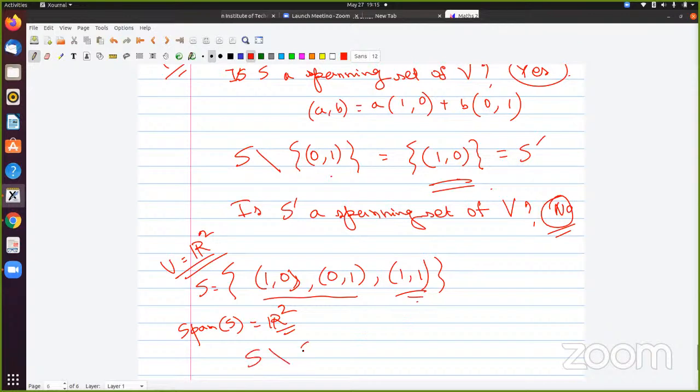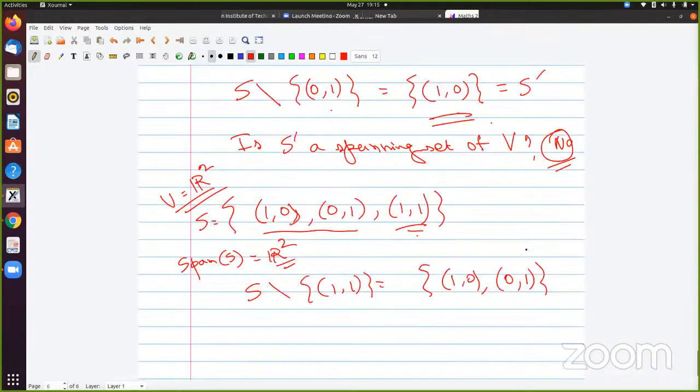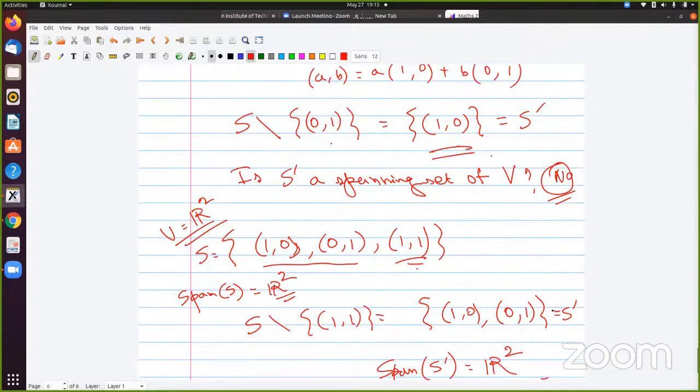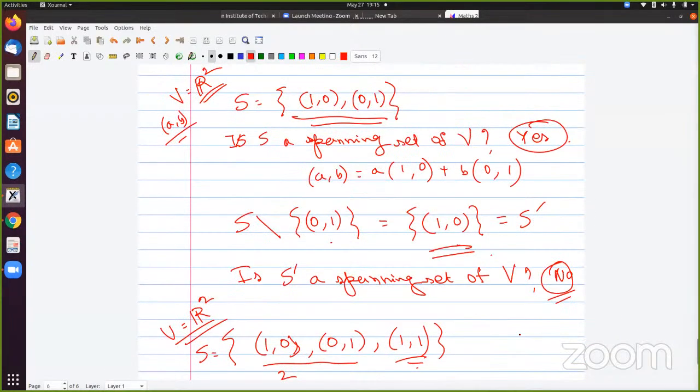Now, if I eliminate 1, 1, the set I am getting is this, right? This is my new set. Still, the span of S prime is R2, right? So in some cases it is maybe, but it is not must be, correct?